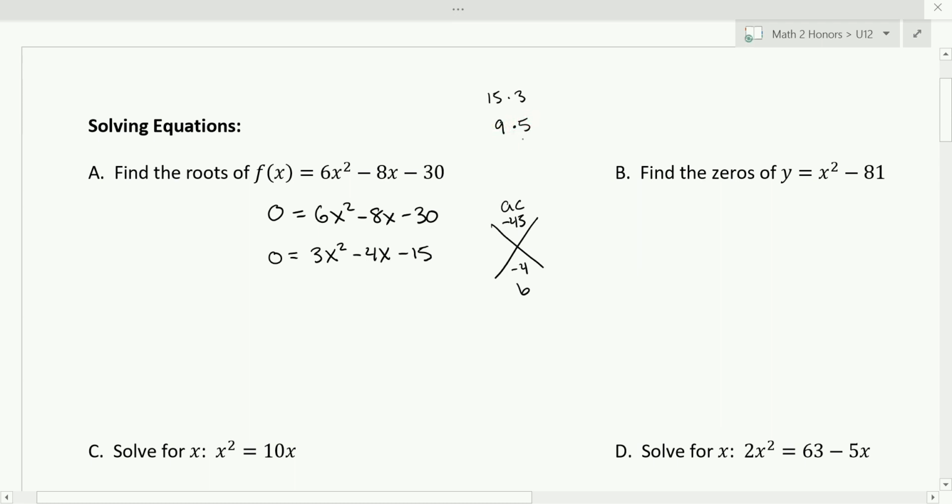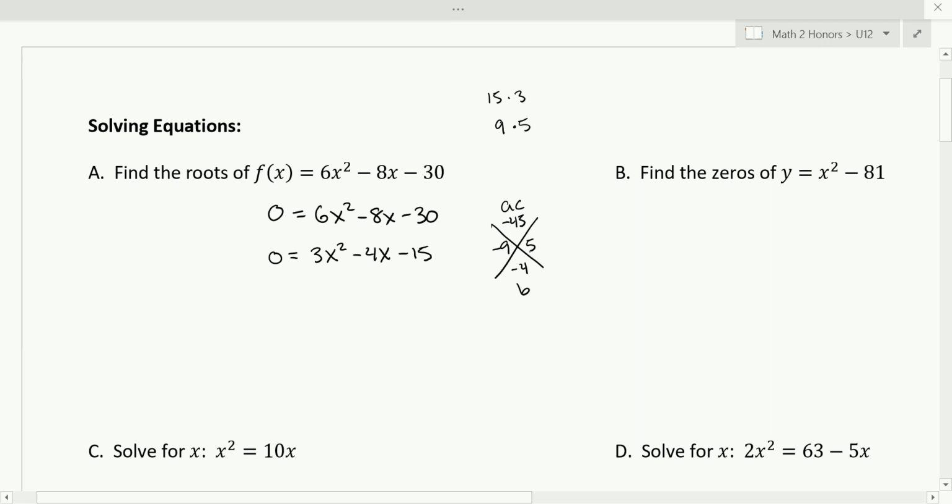So negative 9 and positive 5. Does that work for you guys? Okay. So this will factor. Again, you don't have to factor. If you want to work on a different method here, go ahead and do that.